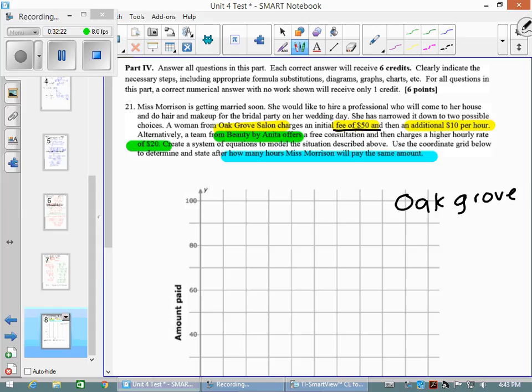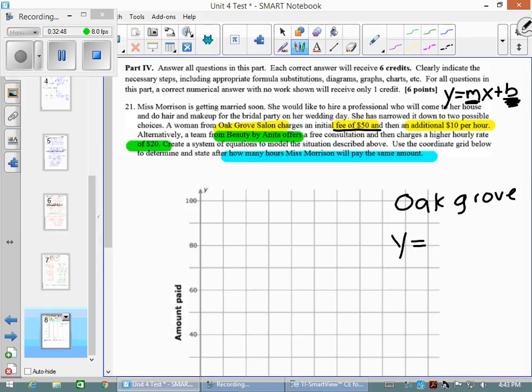An additional $10 per hour, that is our slope, because that's going to change for every hour. So our slope is represented by this m. So if I wanted to write it as an equation, I could write that as y equals, it's $10 per hour, so that's going to be 10x plus a $50 fee.